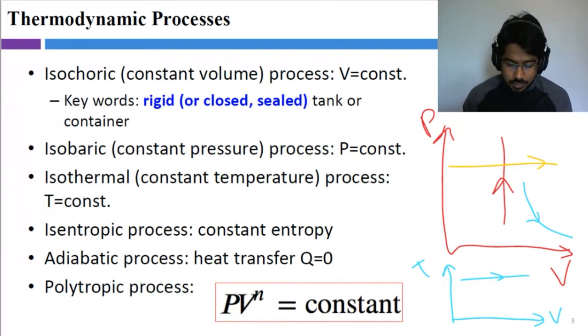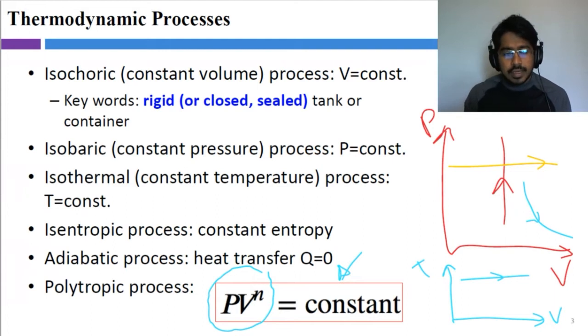And at the last we have the most important process of the day, and that is the polytropic process. In the previous lecture, as I explained, any process that we can write as PV to the power n equals constant can be called a polytropic process, right? Most of the processes that we discussed above can be presented as polytropic processes, but they have more important characteristics than being polytropic.